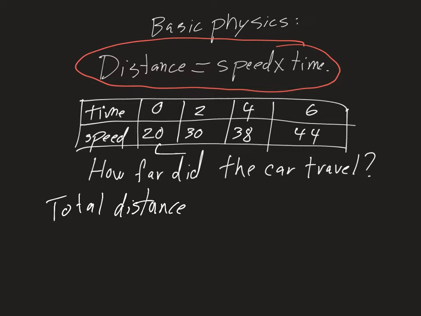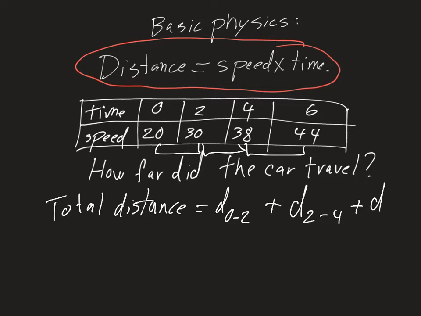So specifically, I'm going to break this down into these 3 intervals, and just say that the total distance traveled is going to be equal to the distance traveled between 0 and 2 seconds, plus the distance traveled between 2 and 4 seconds, plus the distance traveled between 4 and 6 seconds.